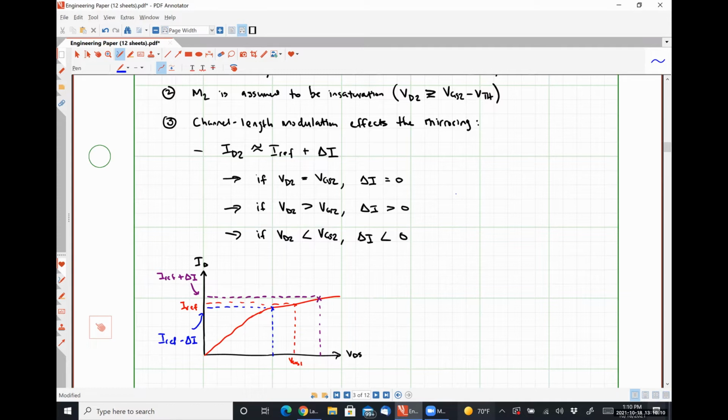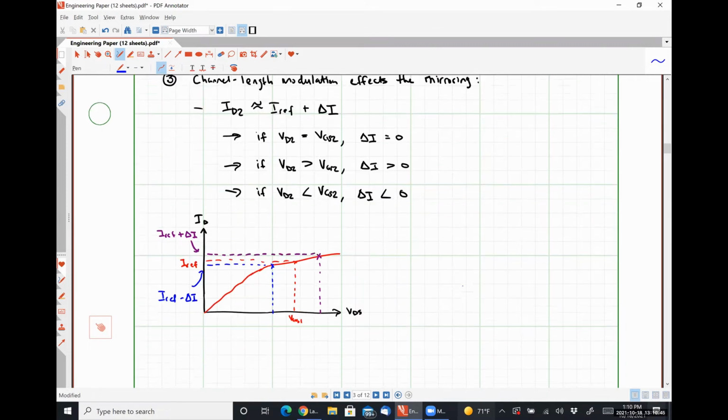Similarly, we could lower that drain voltage VD2 below VGS1 and still keep our transistor in saturation, but we wouldn't see that it gets affected by channel length modulation because we're not lengthening the channel. So its operating point on this curve is fully dependent on how much overdrive voltage is applied. Does that make sense? Okay.